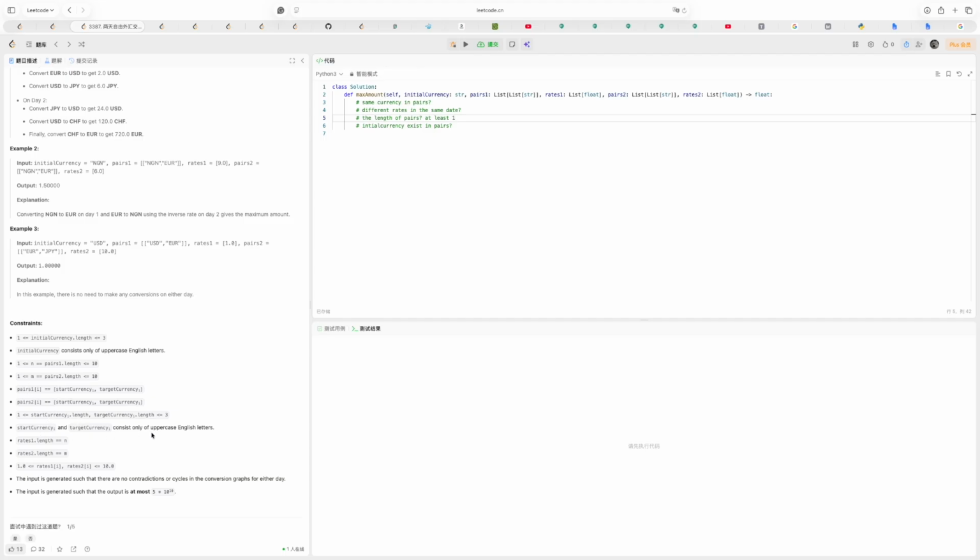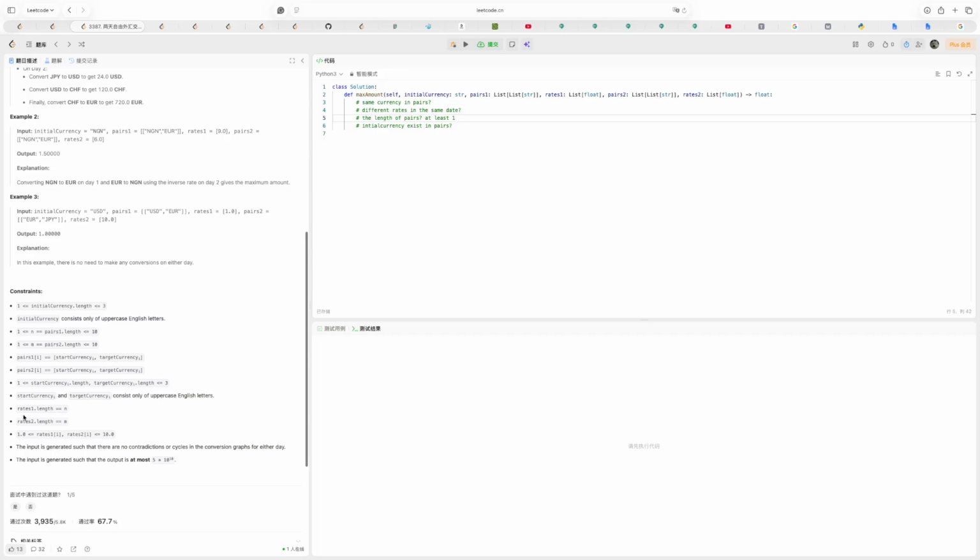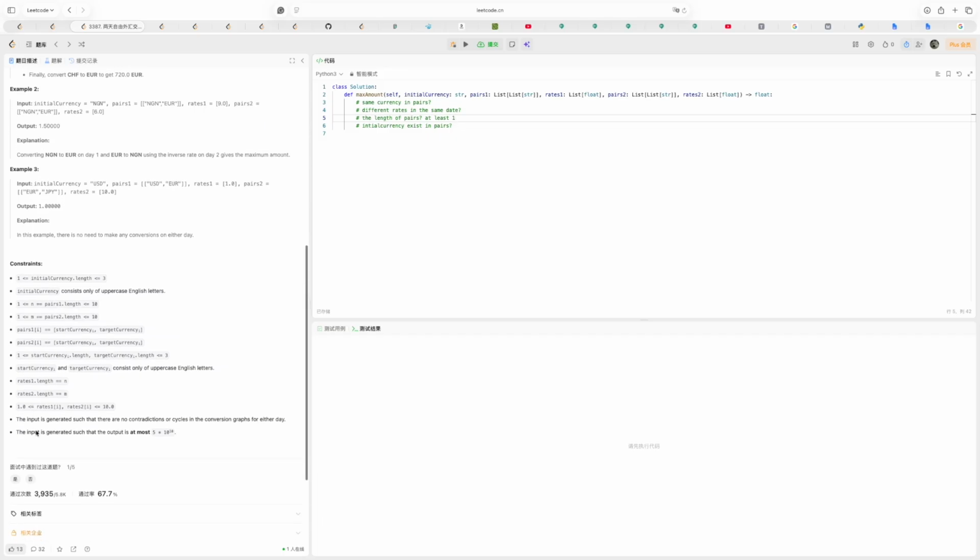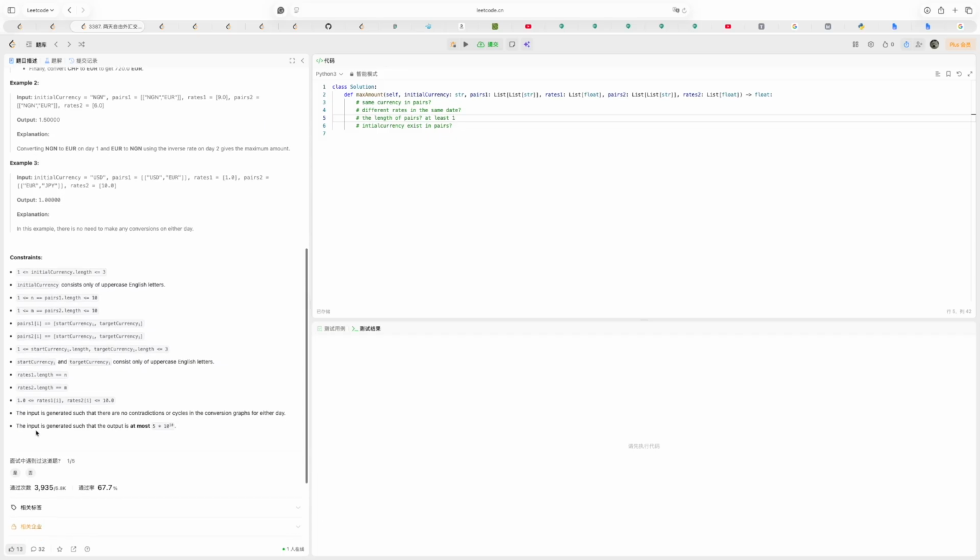Okay, so the pairs length is equal to rates length. Rates length is also at least one.